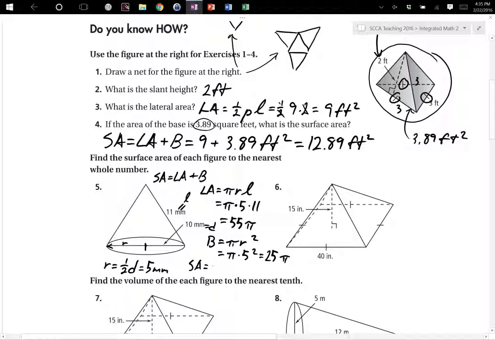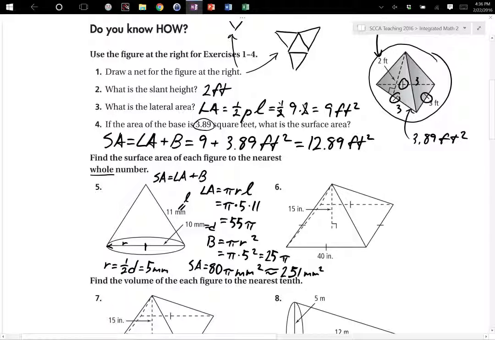It's 55 plus 25, which is 80 pi millimeters squared, and that approximates as 251 millimeters squared. That's rounding to the whole number.